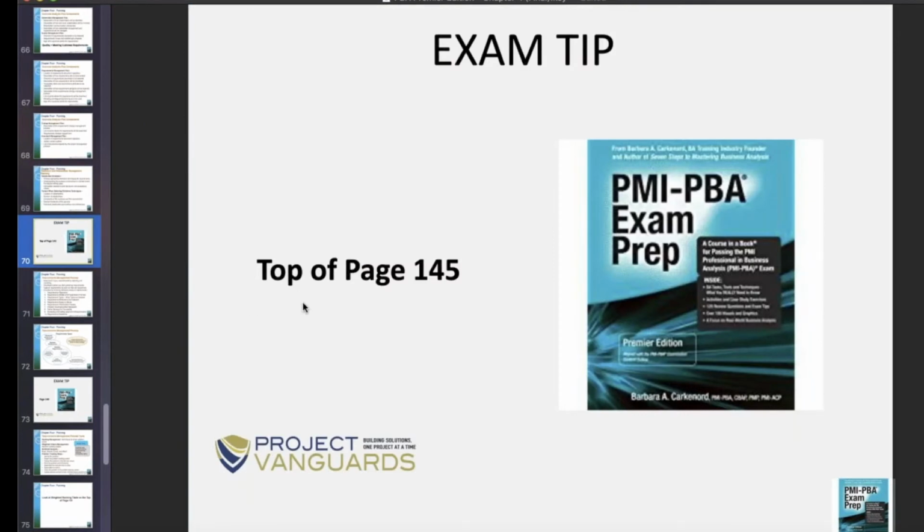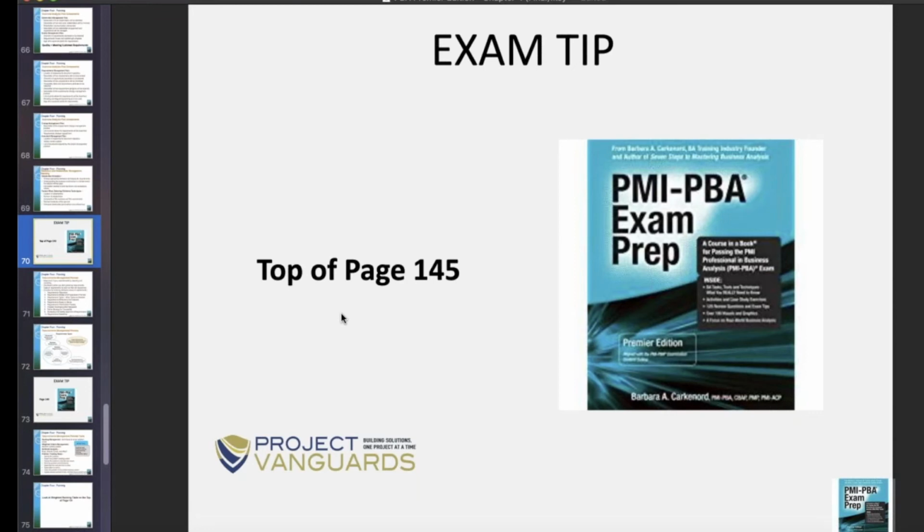Page 145, because whether you collect their requirements or acceptance criteria, I promise you at some point you'll be held to account for it, whether you elicited it or not. Okay? So you need to really put effort into figuring out the best way to do it. Top of page 145, it gives us several exam tips, doesn't it?